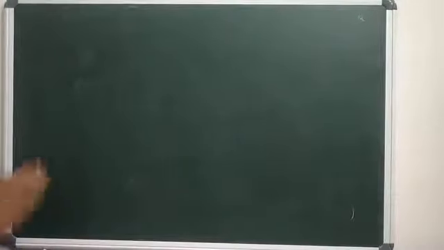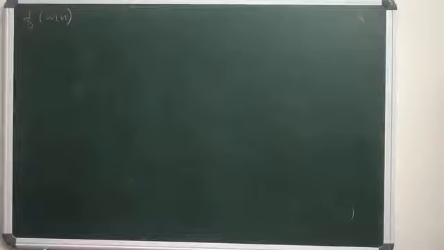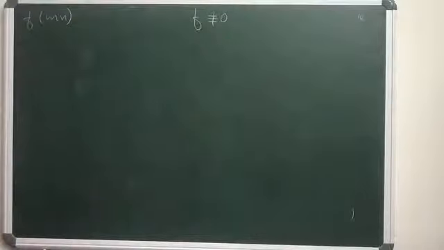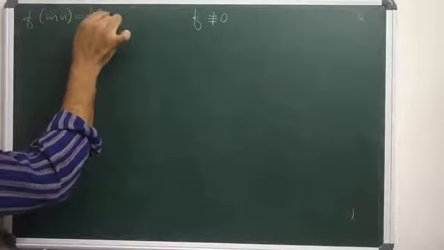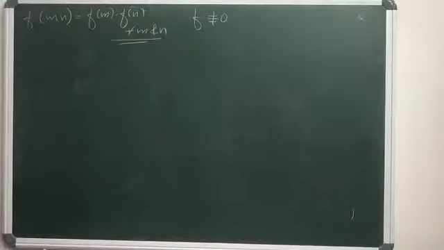Now consider another definition. Suppose f is an arithmetic function, meaning a function defined over positive integers, and f is not identically 0. If for any two positive integers m and n, f of mn equals f of m into f of n for all m and n, then the function f is said to be completely multiplicative.